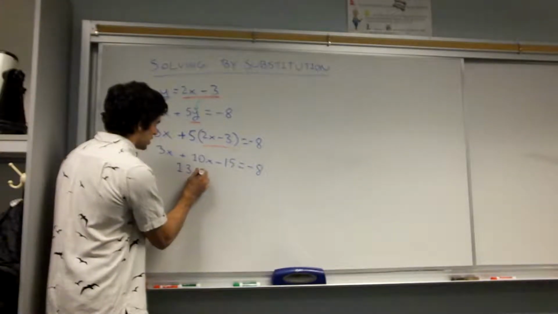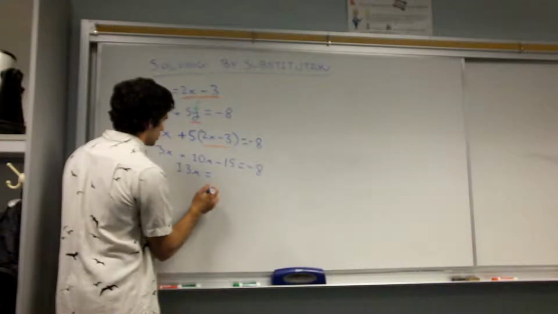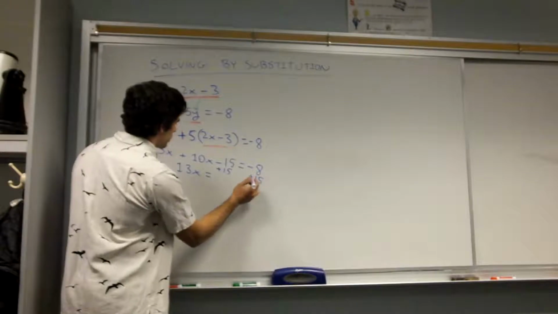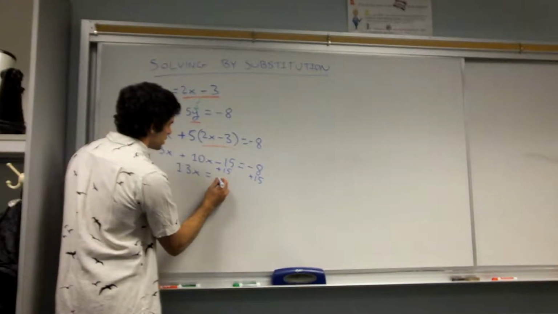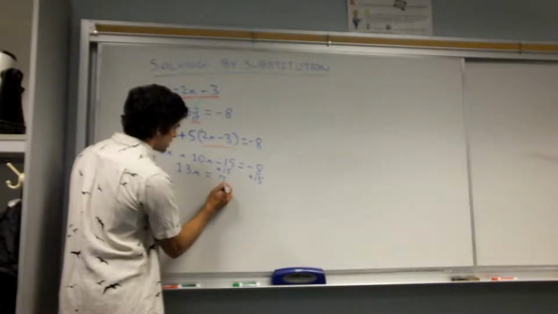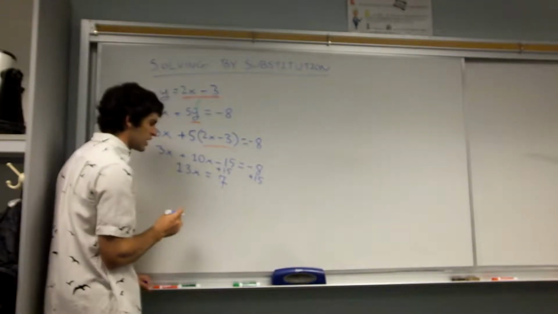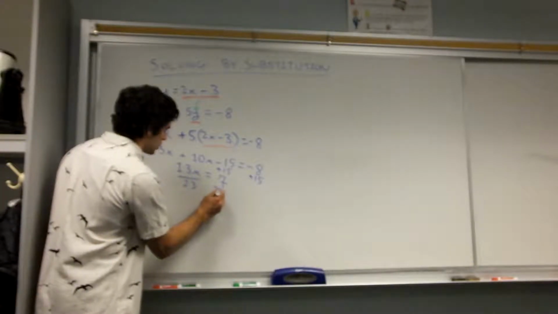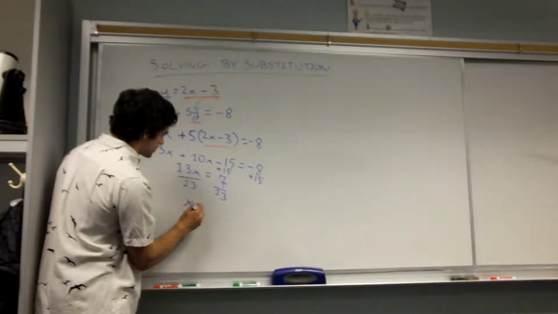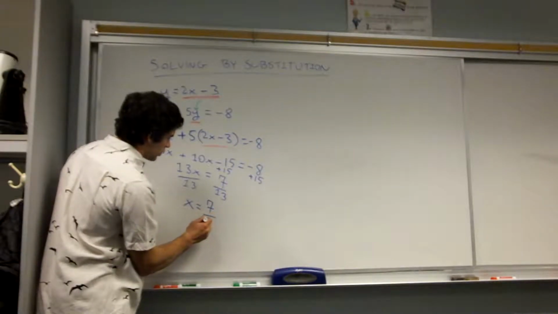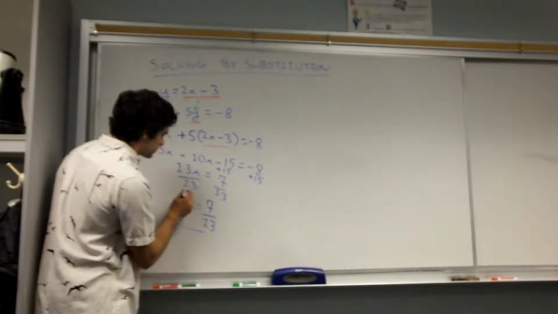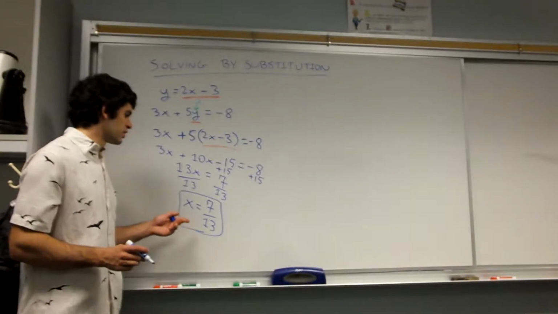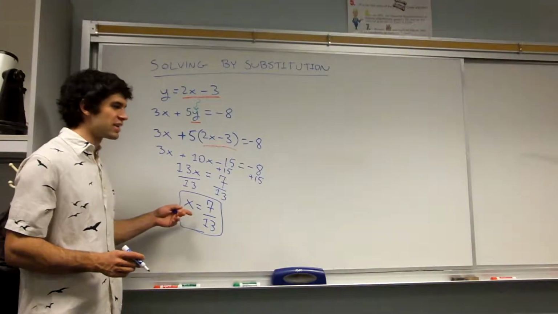We get 13x is equal to, let's add 15 to each side, 13x is equal to positive 7, because we're adding 15 to negative 8. Now, if we divide each side by 13, we get that x is equal to 7 over 13, which, as you can see, that fraction would be very hard to discern from a graph. It would be very difficult to get that exact answer.